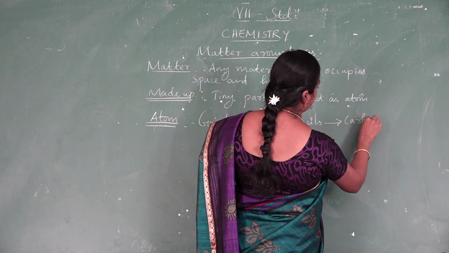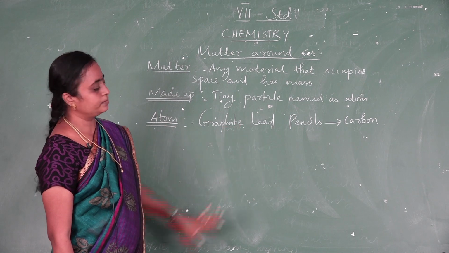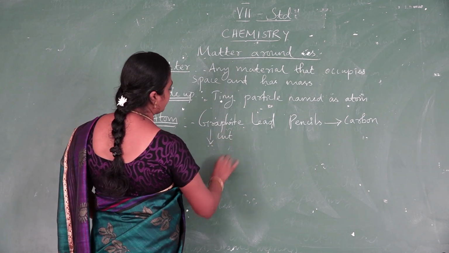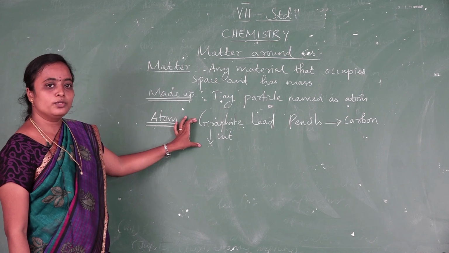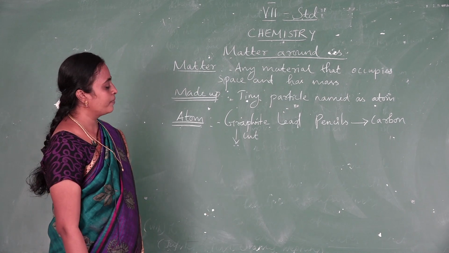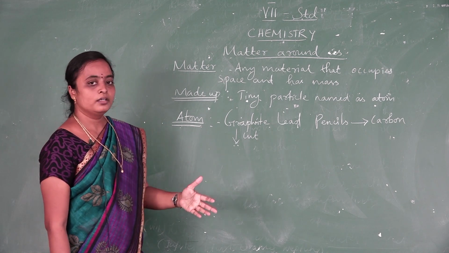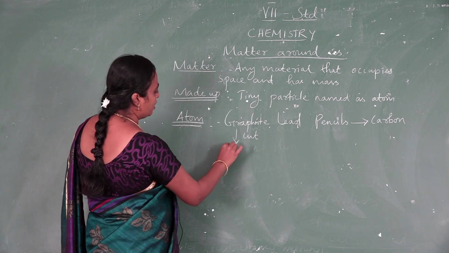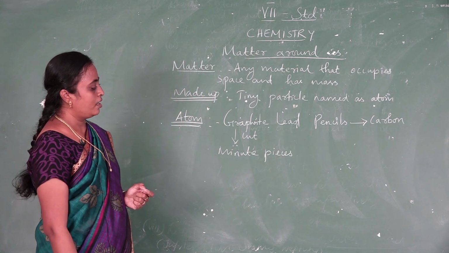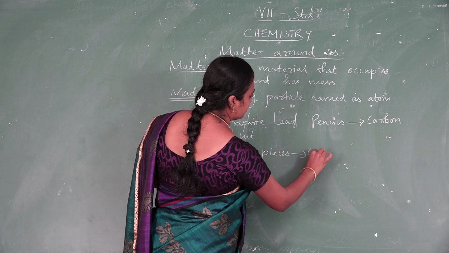If you cut this graphite with a fine knife, a long piece gives smaller pieces, and if you keep breaking it you get very small minute pieces. Those minute pieces are also made up of carbon.